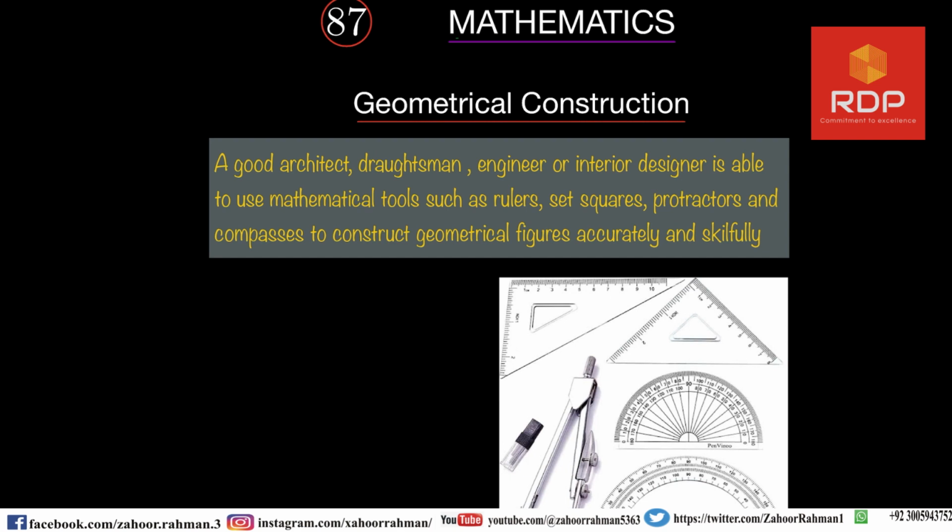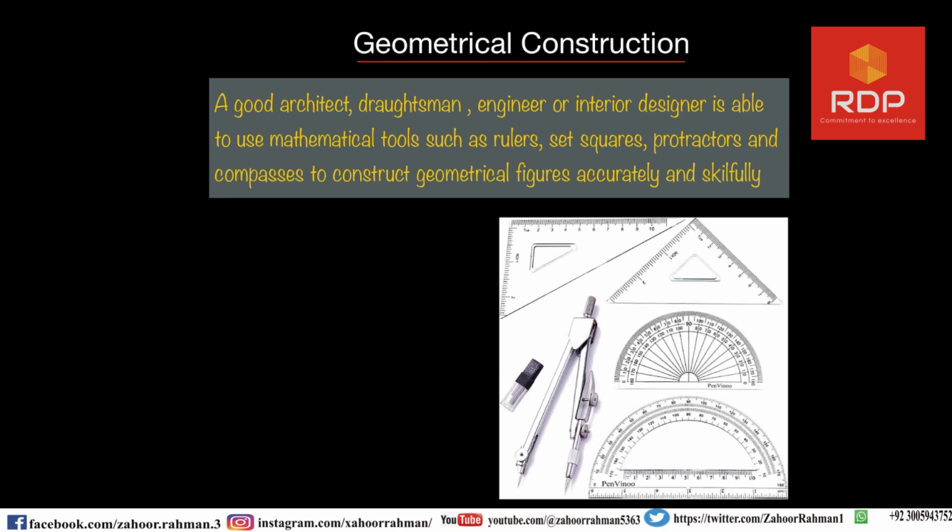These are the set of instruments you can find inside the geometry box. They are familiar to you people because you are using it from the primary level. In this lecture, we will practically use these instruments to construct triangles and different types of shapes.